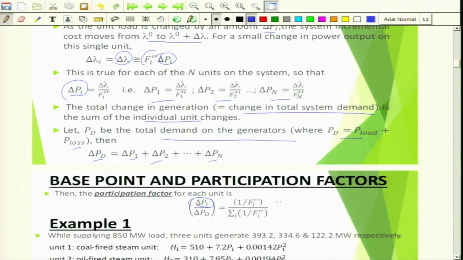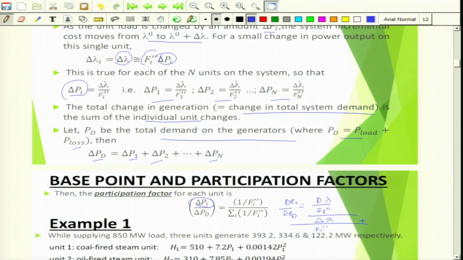Now you put delta Pi in this formula, you need to find out delta Pi by delta PD, right. This is nothing but delta lambda by Fi double dash divided by the total, where you add individually delta lambda by Fi double dash.